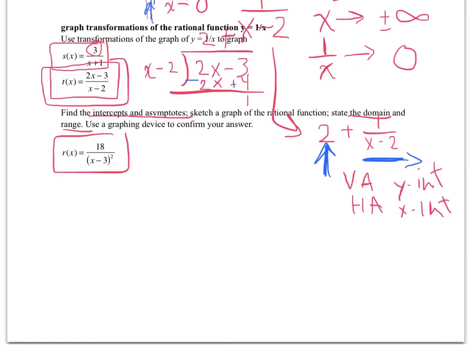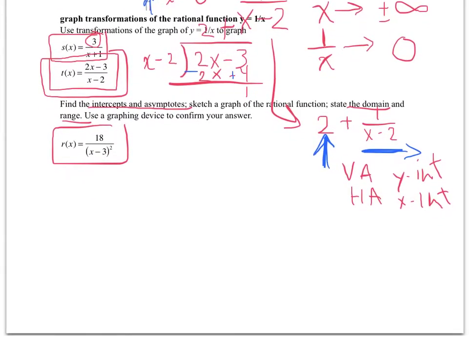We have, first of all, if we want to look at x-intercepts, that's where the graph crosses the x-axis. It crosses the x-axis when y is equal to 0, and y is r of x. So 0 equals 18 divided by x minus 3 squared actually has no solution.